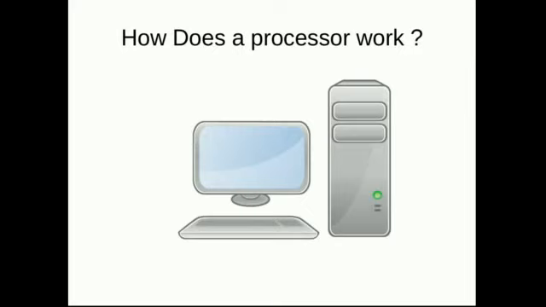mainly on how those circuits work together, and we will have a slightly story mode approach, and we will try to understand how computers evolved from being a simple adder or a subtractor.